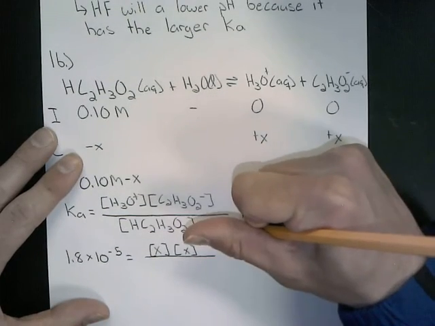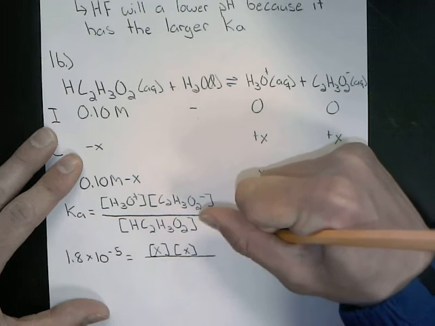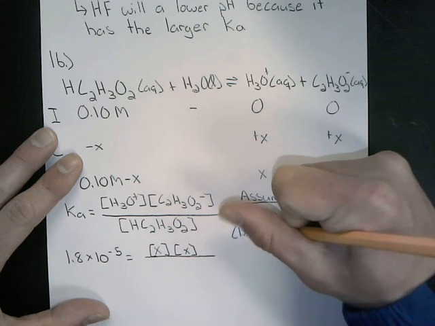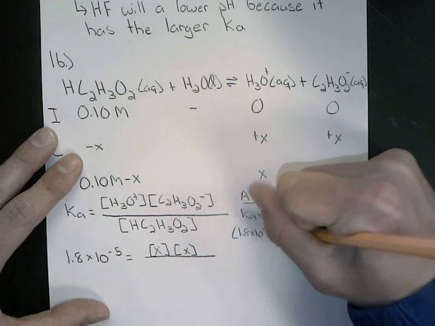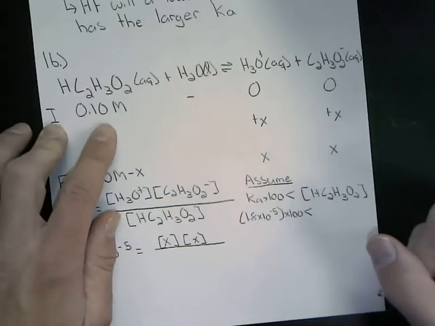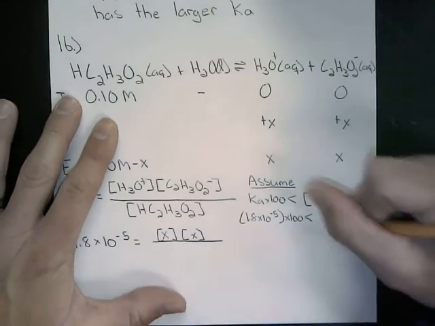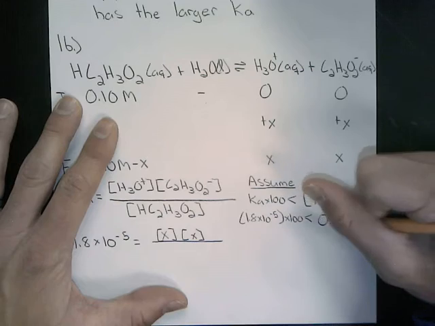So our Ka here is still that 1.8 times 10 to the negative fifth times 100, and it needs to be less than that initial concentration of acetic acid, which is 0.1.